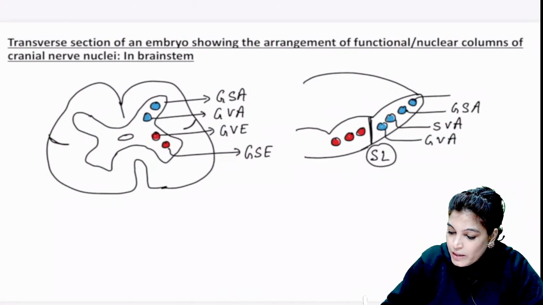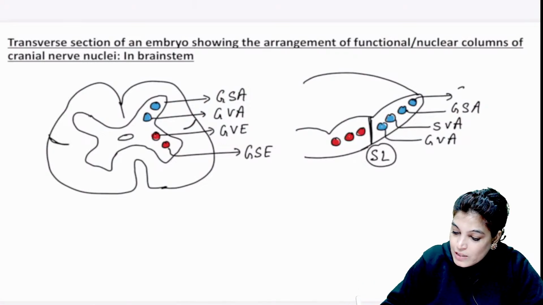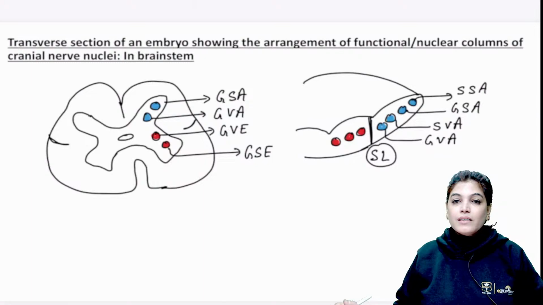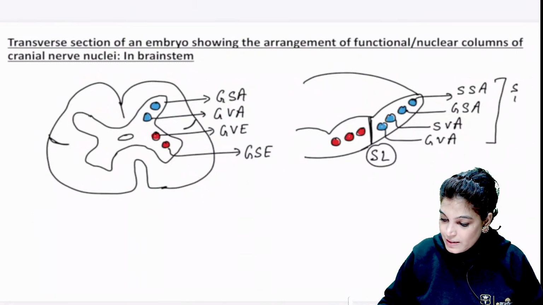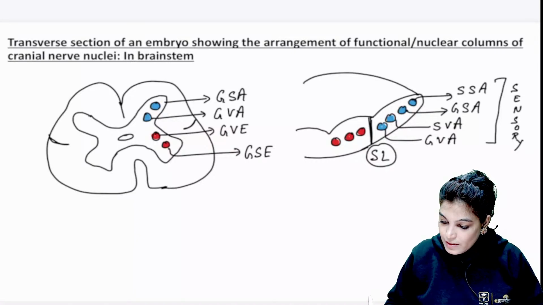And as I told you, in the most lateral part, there is addition of special somatic afferent for sensory functions like hearing and equilibrium. So these all are sensory, and these all are motor.